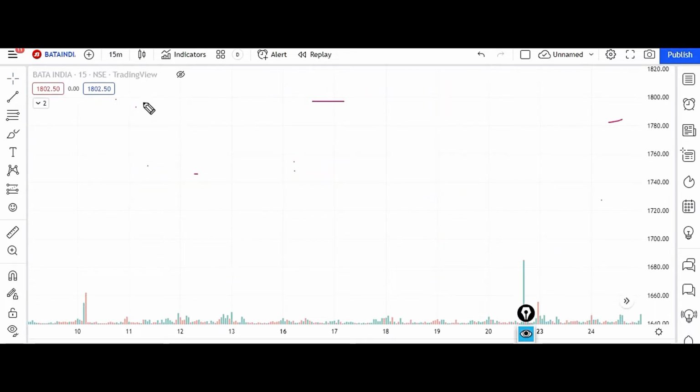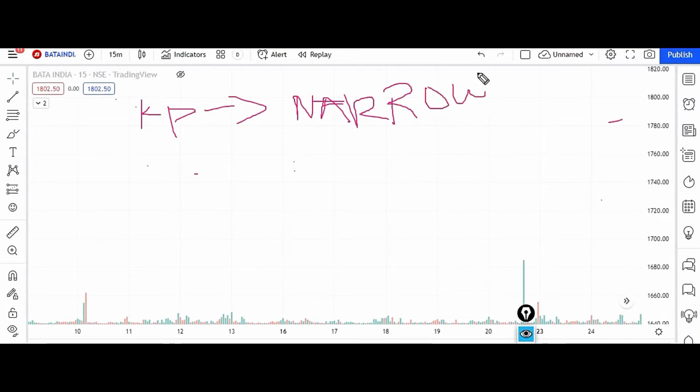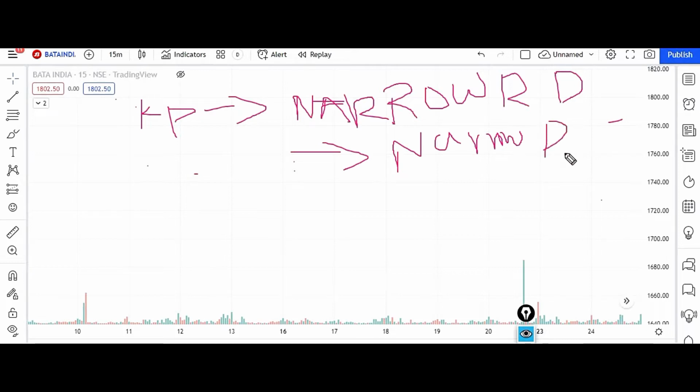A few important key points of CPR. Suppose today is a narrow range day, then tomorrow's CPR will be a narrow range CPR. What does that mean?